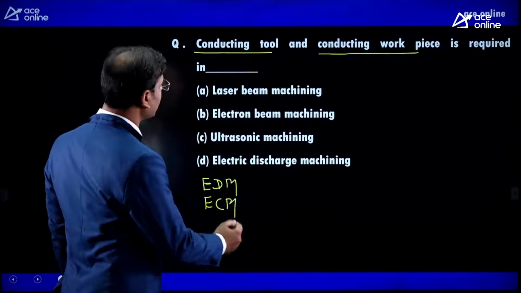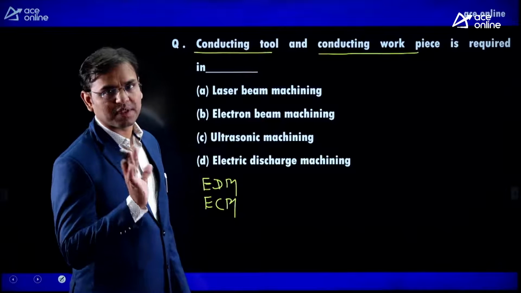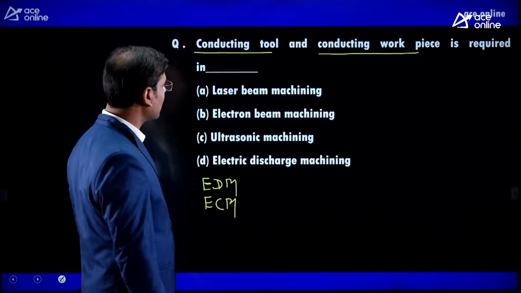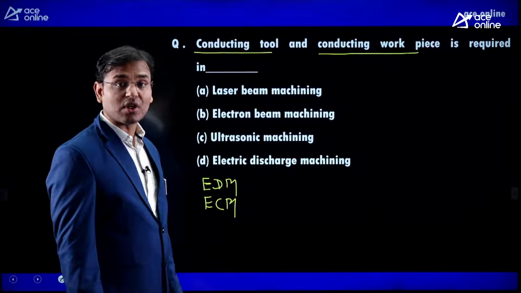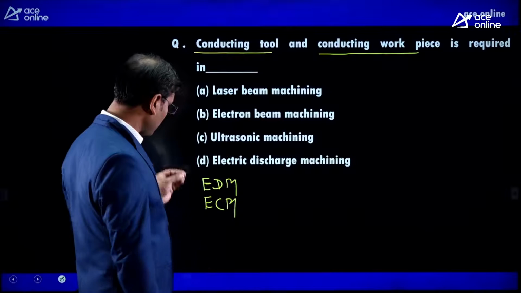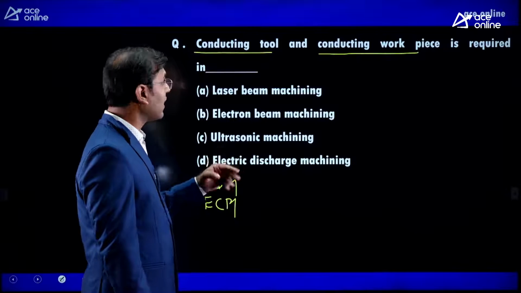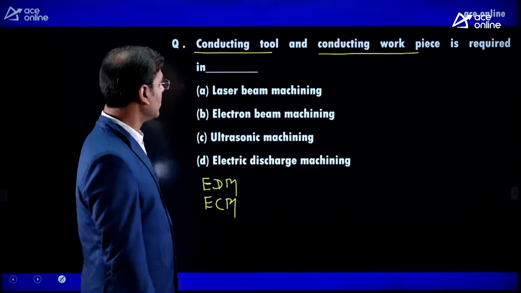In both methods we require the conducting tool as well as conducting workpiece. But in other methods, the conducting tool and conducting workpiece are not required. Out of 7 non-traditional machining methods, these 2 require conducting tool and conducting workpiece. In other methods it is not required.